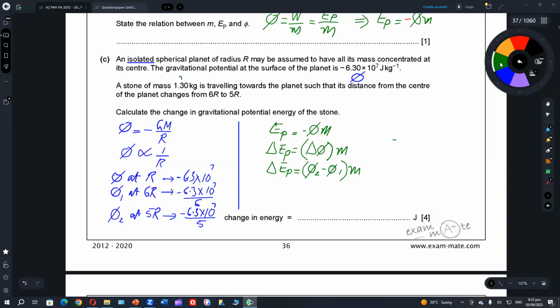Mass is given here in kg. Phi is also in joule per kg, so kg is fine. Do not change it. Then multiply and subtract.